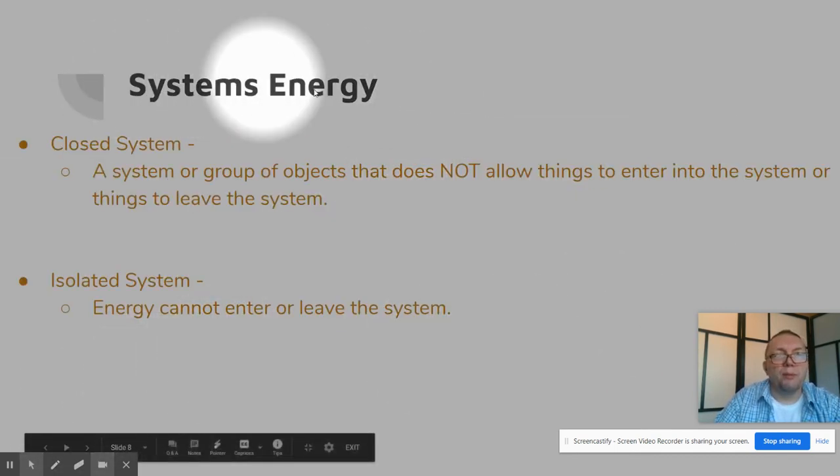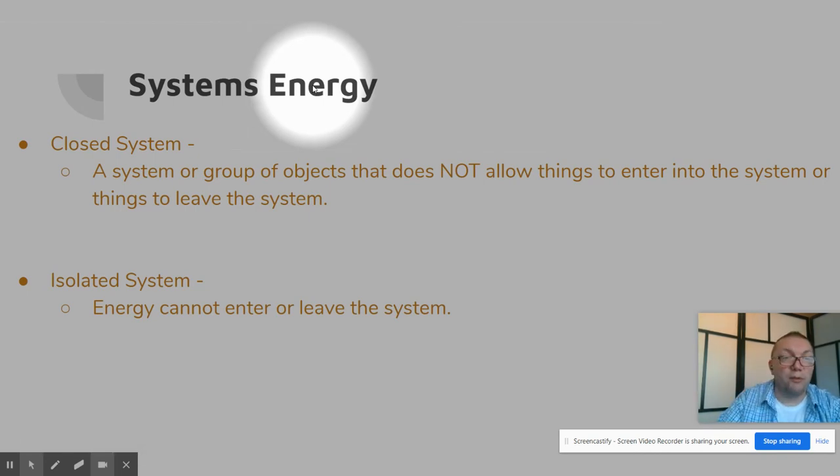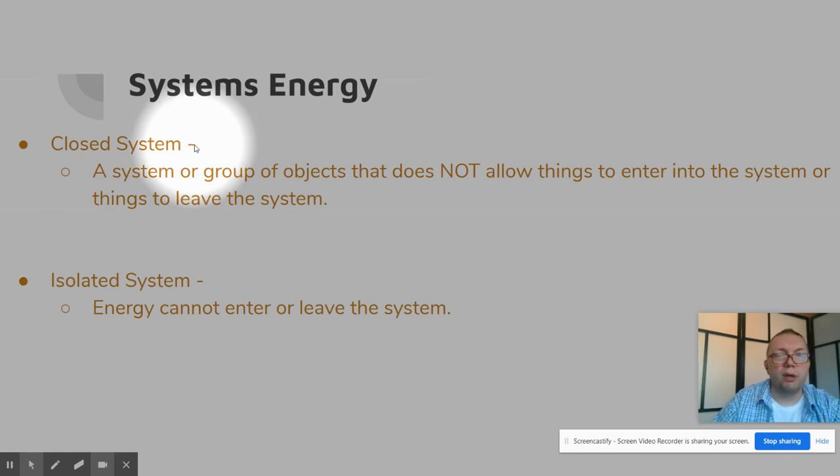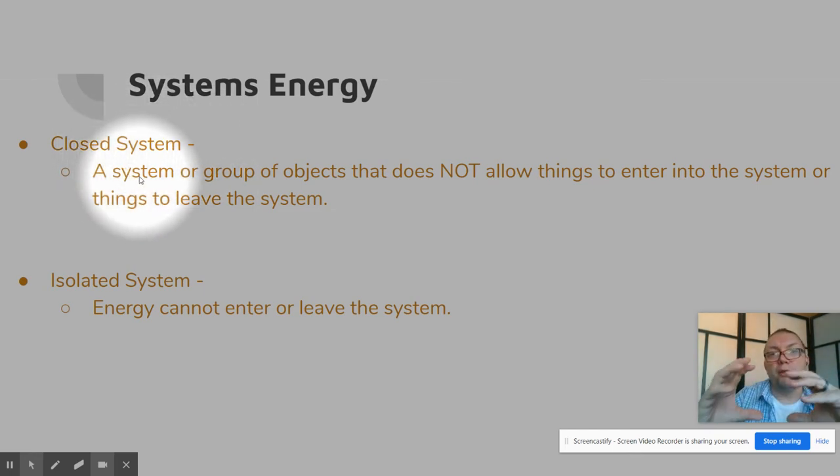Now, when we talk about systems, we've done system schemas for free body diagrams and forces. They continue to be a useful thing here. So if we have a closed system, what we're saying is that if we draw our system schema, a system is closed if no other objects can interact with the system.